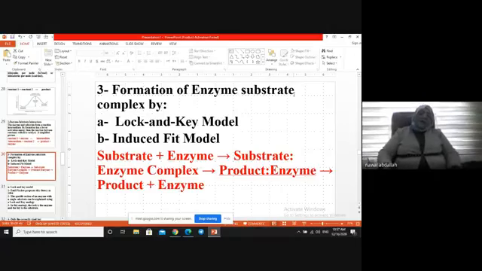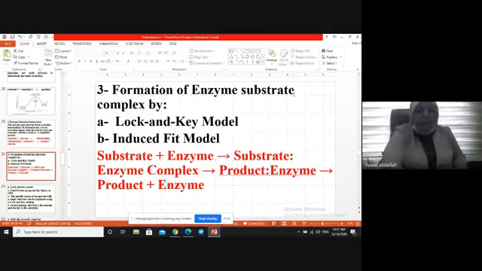The complete reaction of this step is substrate plus enzyme equals substrate enzyme complex, which leads to product enzyme complex, then equals product and enzyme.